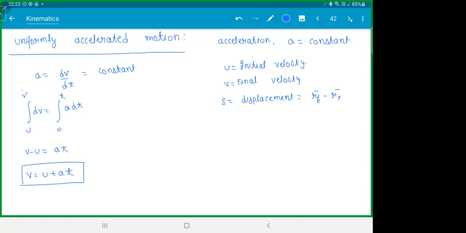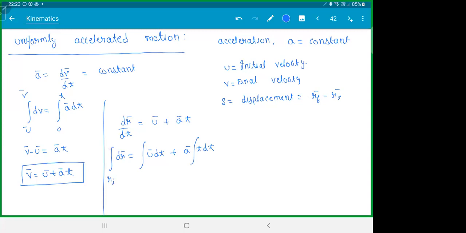You can also write this in the vector form. Then if I integrate this again, this would be dr by dt will be u bar plus a bar into t. So dr bar will be u bar into dt plus a bar into t dt. Integrate on both sides again.